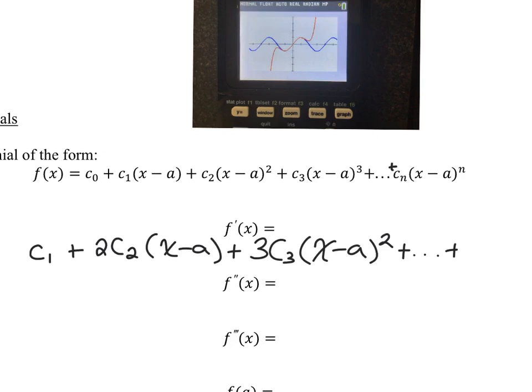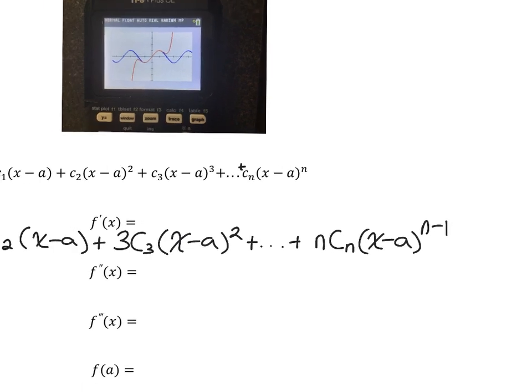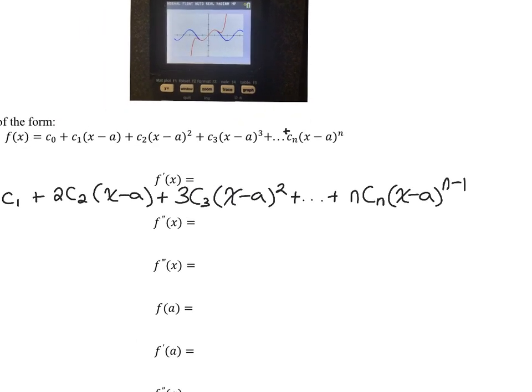All right, next up, if I'm going the distance, n times c sub n times x minus a to the n minus 1. By the way, I'm only writing it underneath because I screwed up the tabbing on this page.